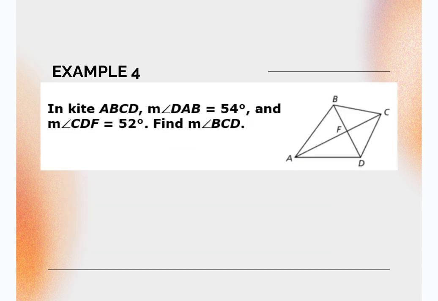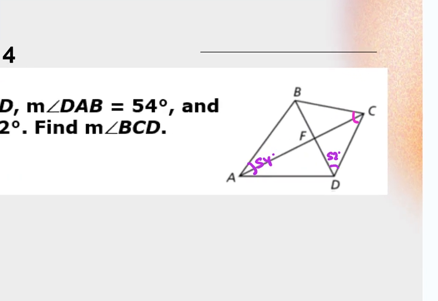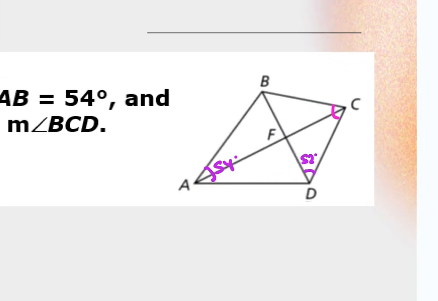Example 4, now we're talking about a kite. So it says in kite ABCD, angle DAB, which is this angle here, is 54 degrees. And angle CDF, which is this angle here, is 52 degrees. Find the measure of angle BCD. So remember in a kite, these are perpendicular if we need to know that information.